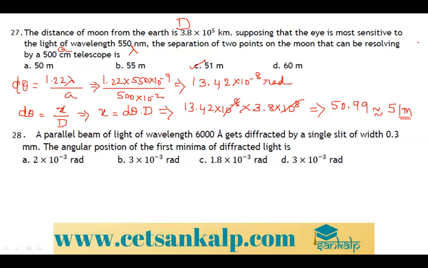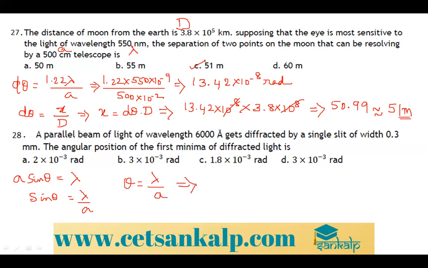For first minima, what is the formula? It is a sin theta is equal to n lambda. N is equal to 1, so it is just lambda. So sin theta is equal to lambda by a. Since theta is very small, sin theta is approximately equal to theta. So theta is equal to lambda by a.